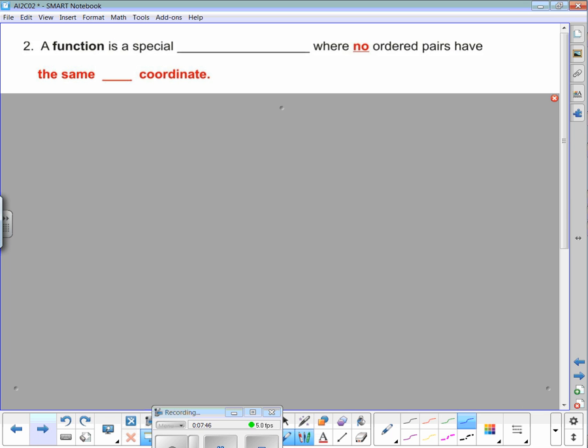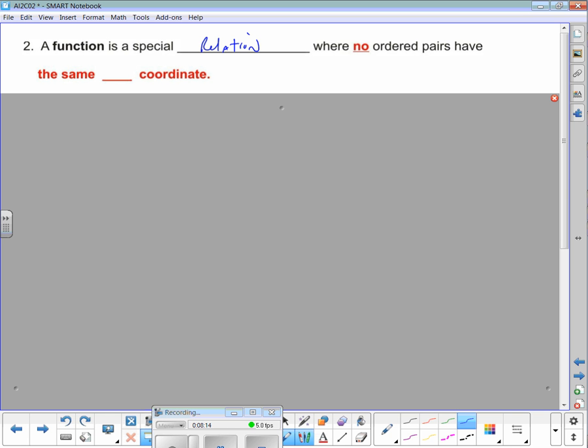Okay, let's continue on. All right, let's get to a function. So what is a function? A function is a special relation. So all functions are relations. Is every relation a function? No. You have to meet another set of criteria. All functions are relations, meaning all functions are sets of pairs.